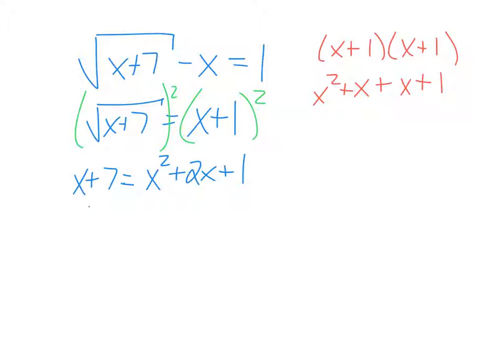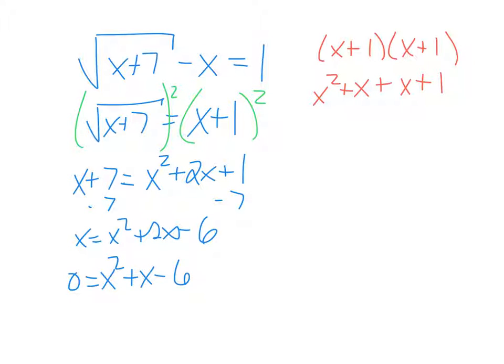All right, subtract 7. So x equals x squared plus 2x minus 6. Subtract x, so 0 equals x squared plus x minus 6.